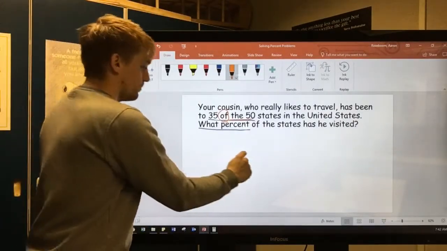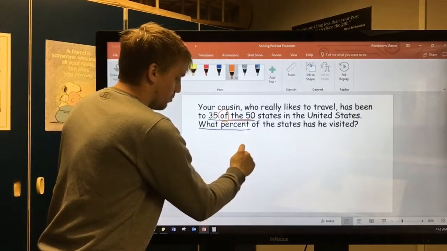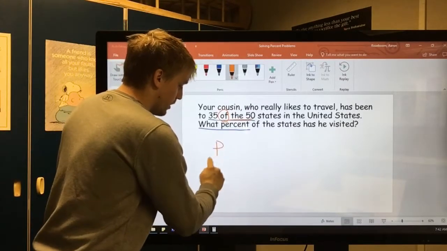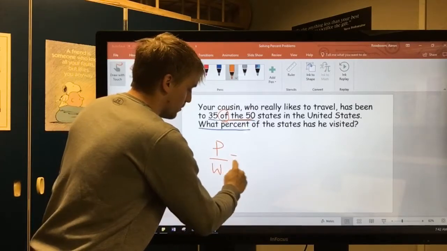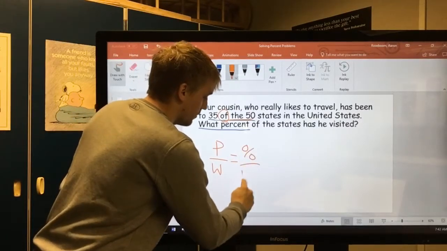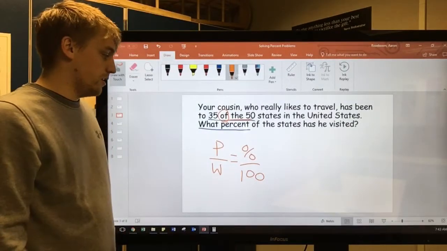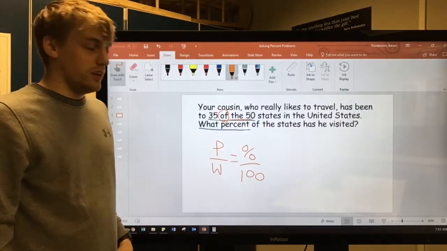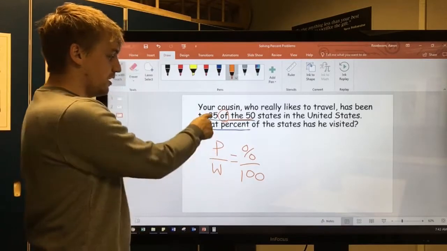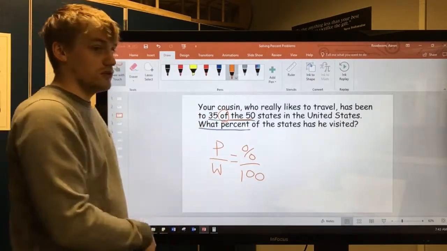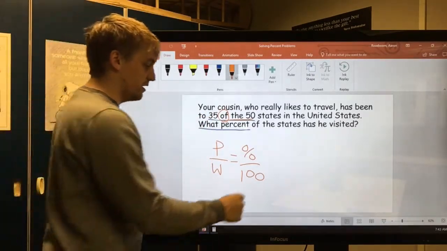So the part, okay, I'm going to write it like that, that's how I abbreviate it. Okay, so the part is the 35, because 35 is only part of all of the 50 states.